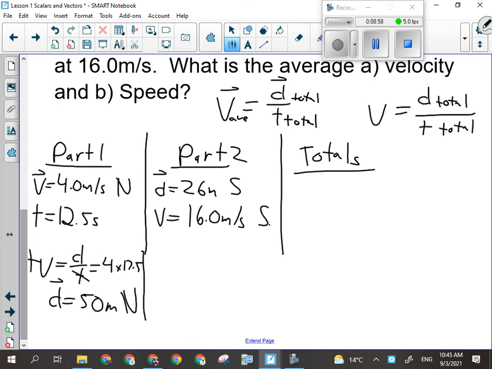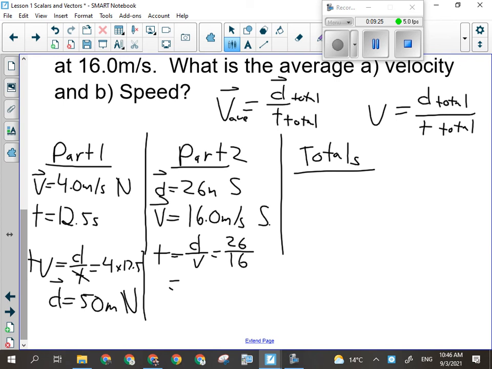So almost there. In part 2, I have displacement and velocity, but I don't have time, but that's okay. I can use these two things to get the time for section 2. So time will equal D over V. I'm just manipulating this like we did a minute ago, multiplying both sides by time, dividing both sides by V. So T equals D over V, so that's going to be 26 over 16.